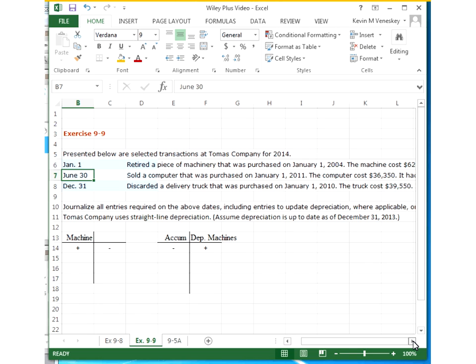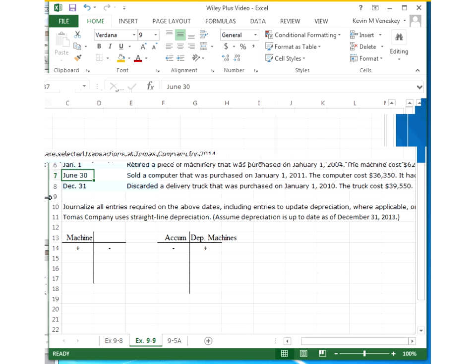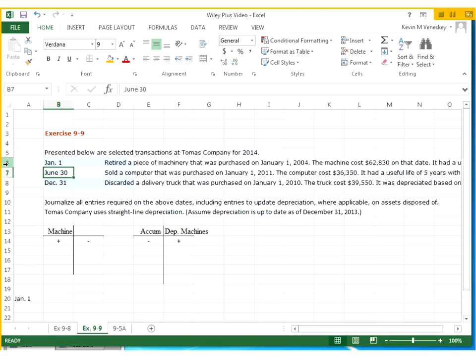So what I want to do is put down on my books exactly what is happening in this problem for January 1. I don't quite have all of it showing here, but that's okay. I can scroll over. It says I retired a piece of machine that was purchased back in 2004. That's going to be important.